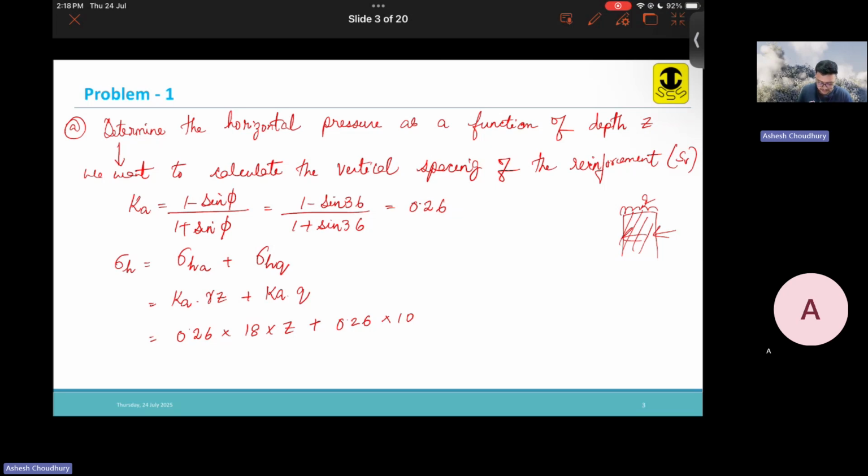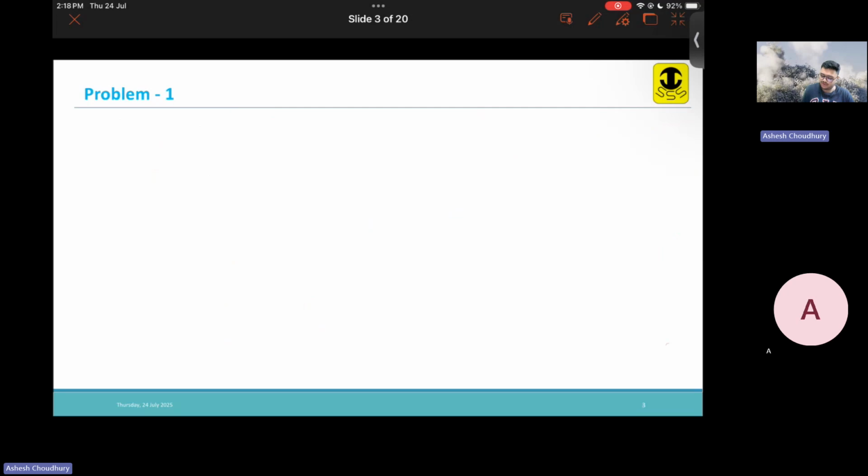Now we are given the ultimate tensile strength of the geosynthetic. That ultimate value we have to bring to the allowable value by dividing by certain reduction factors, as we remember from yesterday's class.